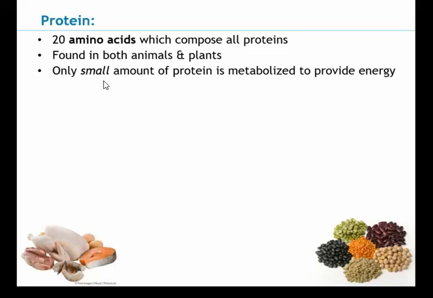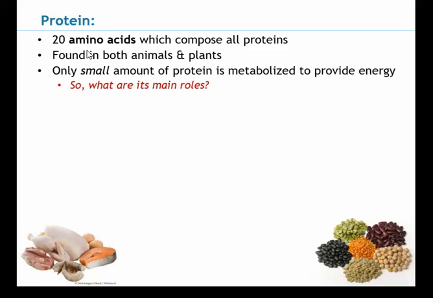But first, let me go back and explain what amino acid actually means. So amino means nitrogen containing. These amino acids are joined together in groups of dozens up to hundreds to form thousands of different protein structures in the body. Nitrogen is actually not found in carbs or fat, so nitrogen is unique to protein-only sources.